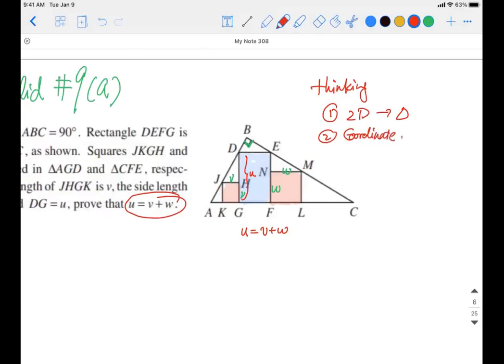Trying coordinate geometry is kind of okay, because before you do it, you want to have some perpendicular lines, and you will be able to construct all your coordinates and take it from there. But even though you have a bunch of right triangles, you have the x-axis, y-axis, you are dealing with three sides.